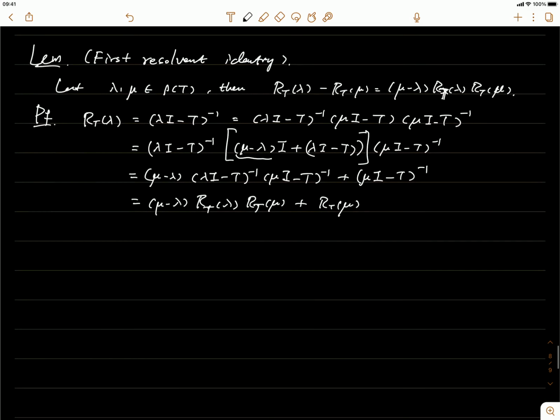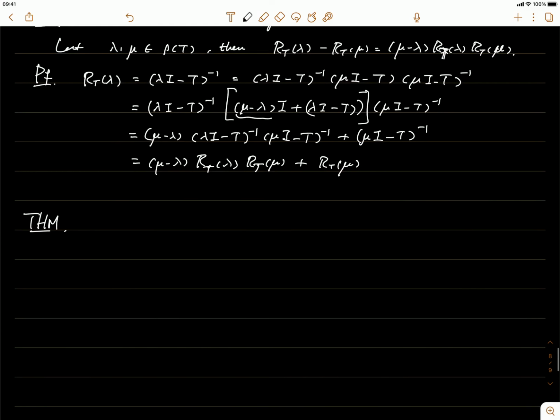Very simple relation. And then we're going to prove the continuity and actually the differentiability of the resolvent. It says that the resolvent R_T, which we know is a mapping from the resolvent set to L(X), is analytic.